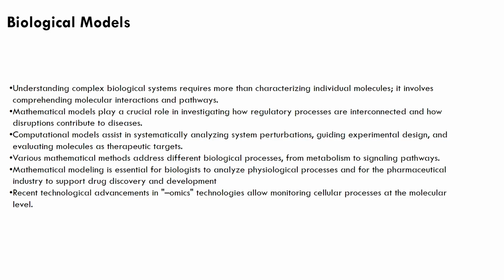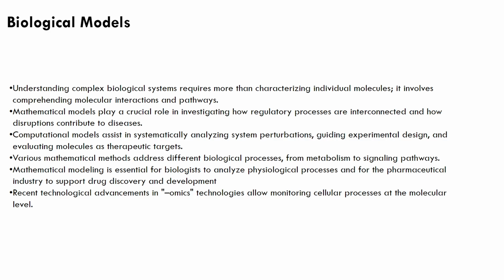Next comes that various mathematical models address different biological processes, from metabolism to signaling pathways. If you search for biological networks, you'll find a variety of them. It can be a disease network, a metabolic network, a gene regulatory network, or a transcription regulatory network.